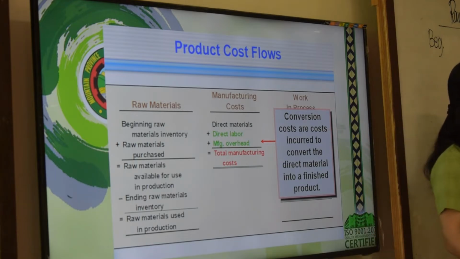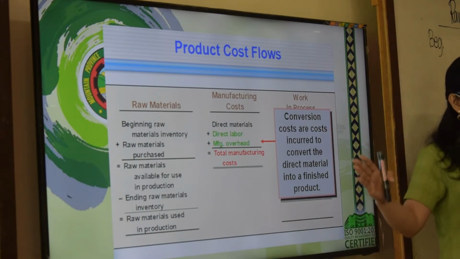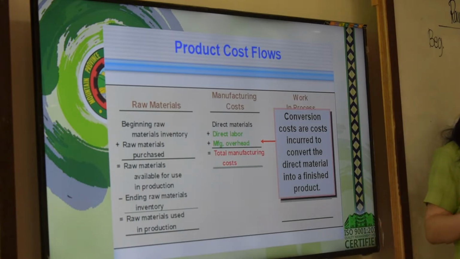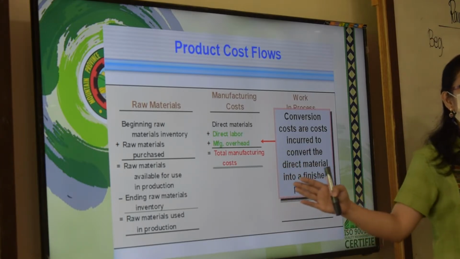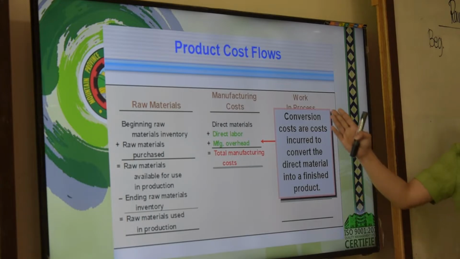So, the total manufacturing cost that we are talking about is the total raw materials used in production, that is direct materials, plus your direct labor and your manufacturing overhead.